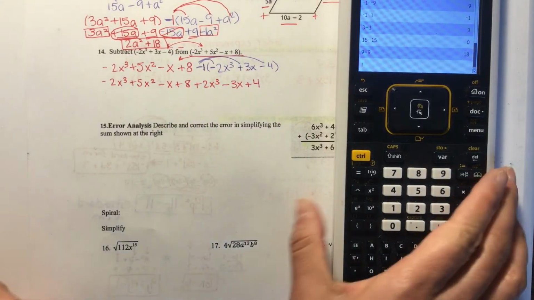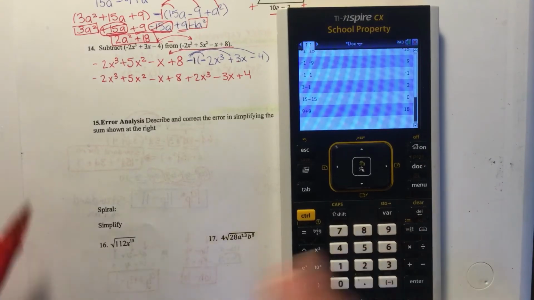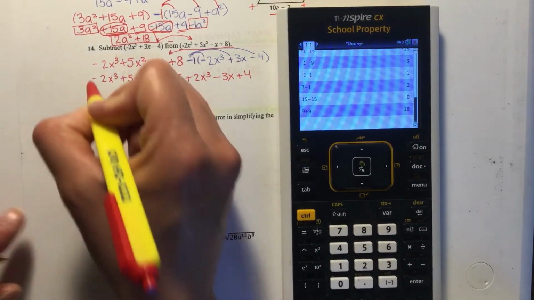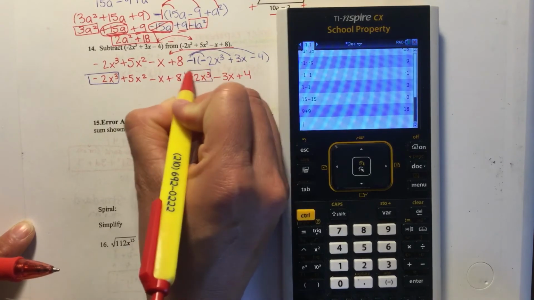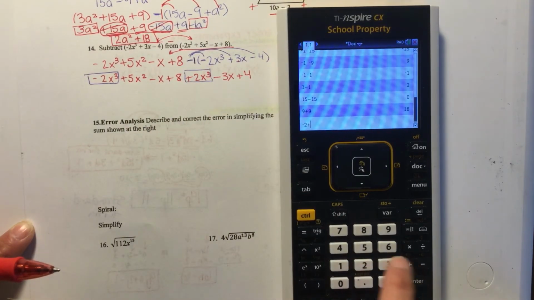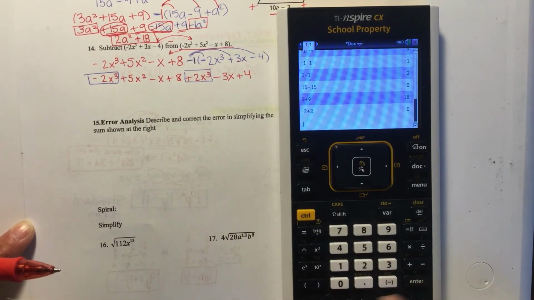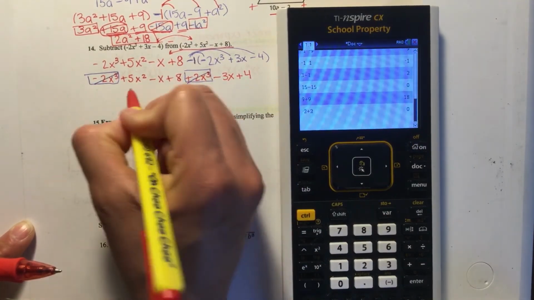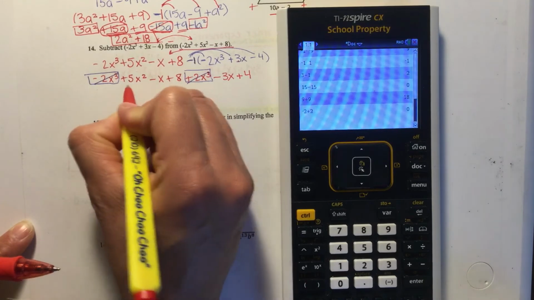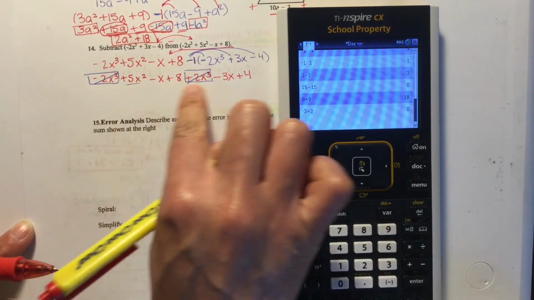Now you're going to combine your like terms. So you start with the left side. Negative 2x cubed plus 2x cubed. Negative 2 plus 2 is 0. So my x cubes cancel. Then I need to find anything like with 5x squared.